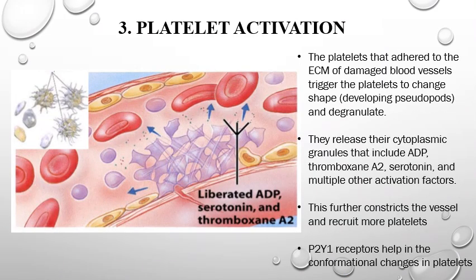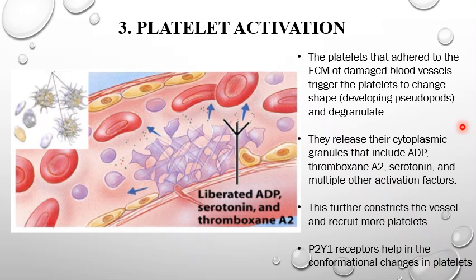Third step is platelet activation. The platelets that adhere to the extracellular matrix of the damaged blood vessels trigger the platelets to change shape by developing pseudopodia, and they also undergo degranulation.